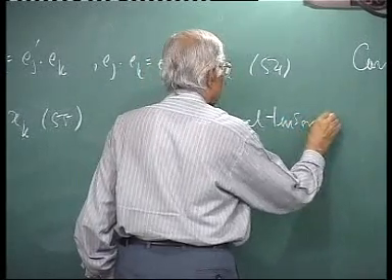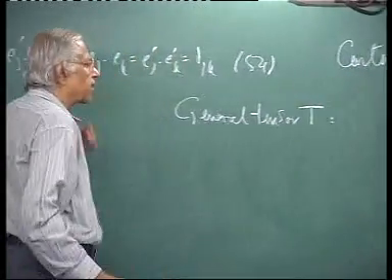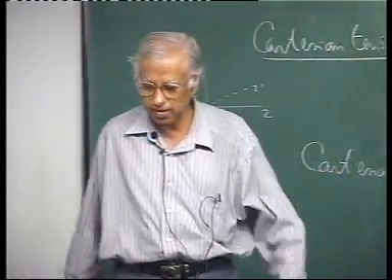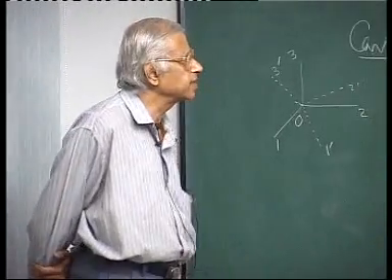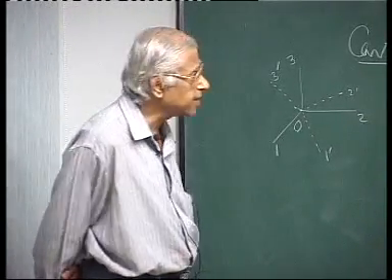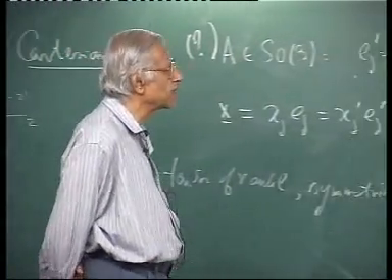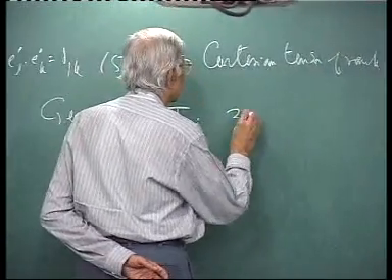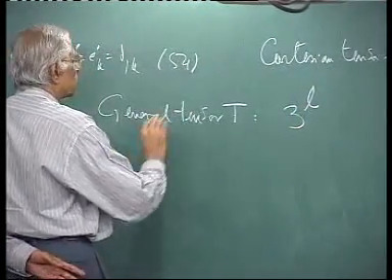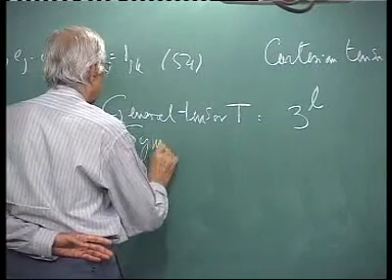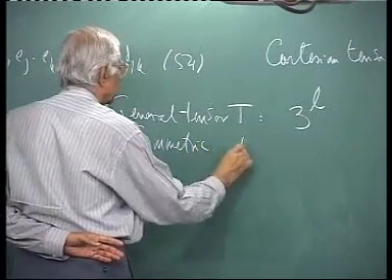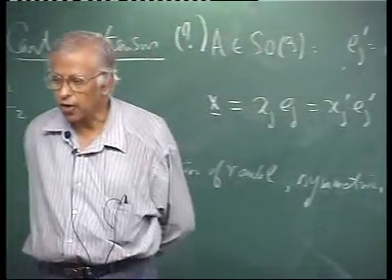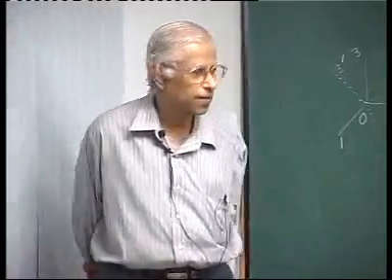Let us see. Suppose you take a general tensor T of rank L. How many independent components does it have in each coordinate system? It has L indices, J1, J2 up to JL. Each index can take 3 values. So what is the number of components? 3 to the power L. Suppose you say, I don't want the most general, I want a symmetric T. In that case, I can ask you, how many independent components does it have?